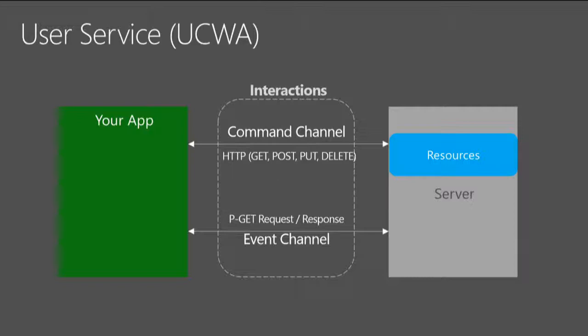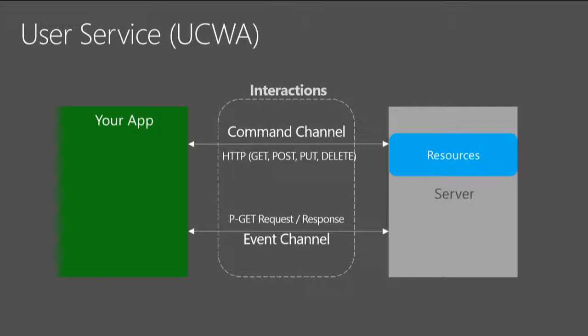If you're familiar with other RESTful APIs, you'll notice that I have on the slide here this command channel that includes those common HTTP verbs, GET and POST. If I'm grabbing presence from the server, I want to do a GET request, or if I'm changing my presence, I might do a POST request.